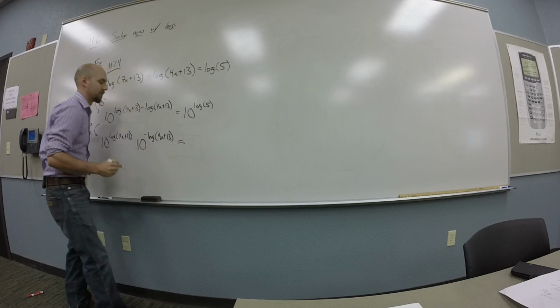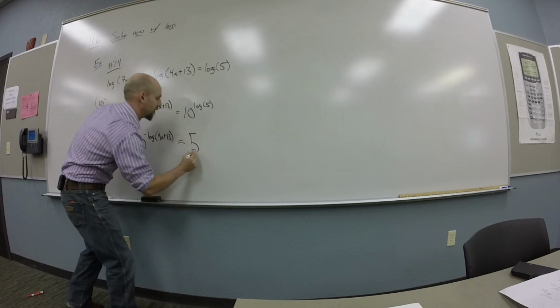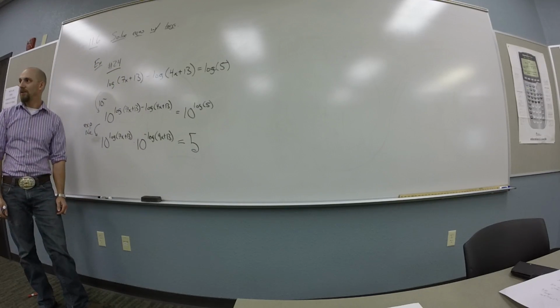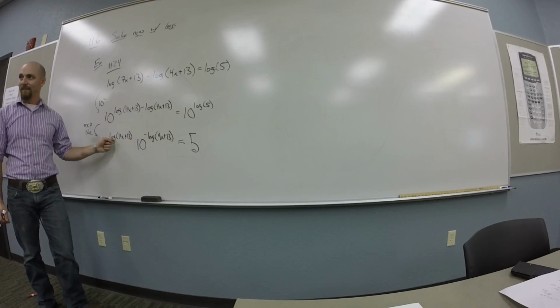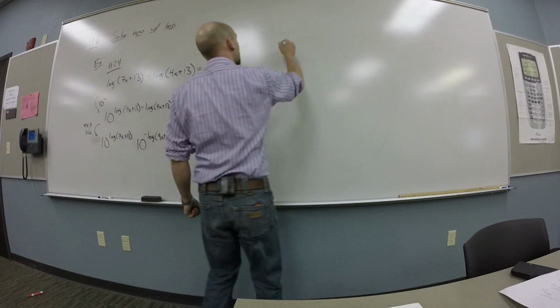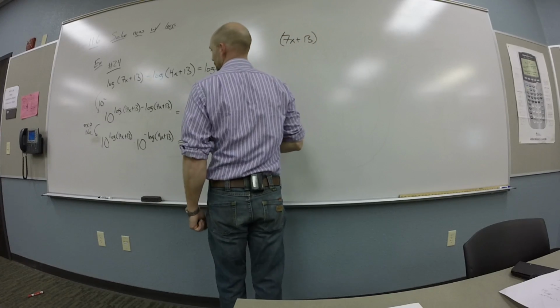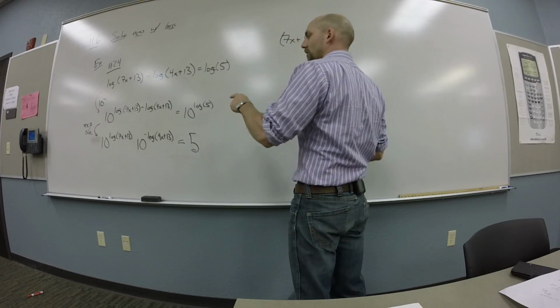And that's, what was the other side? 5. You see that? Okay, now this piece can cancel, right? So I'm going to get 7x plus 13 times 4x plus 13, close.